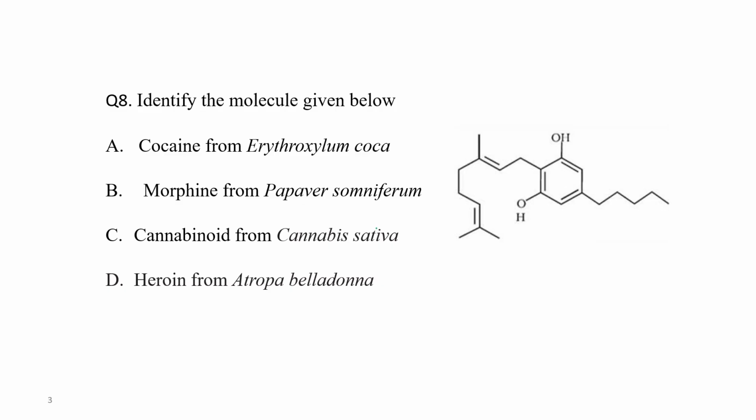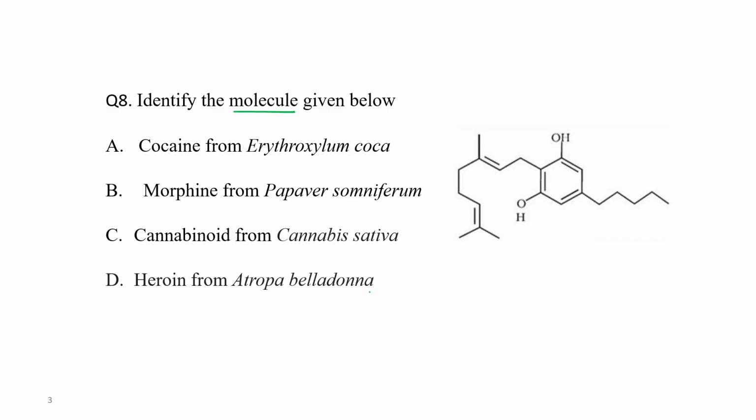Next, they have given us a structure of a formula, and we have to identify the molecule. This structure is also given in your NCERT book. Identify the molecule given below. Does it belong to cocaine, obtained from Erythroxylum coca, morphine from Papaver somniferum, cannabinoid obtained from Cannabis sativa, or heroin obtained from Atropa belladonna?